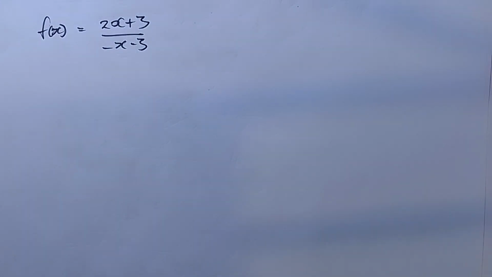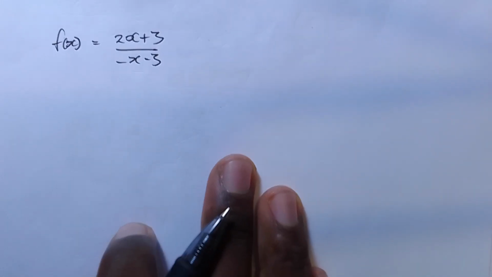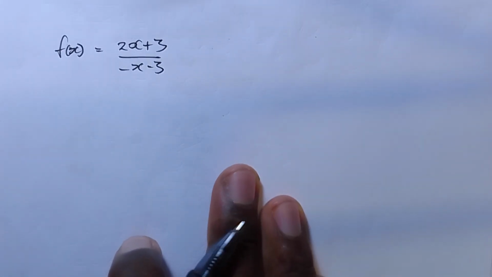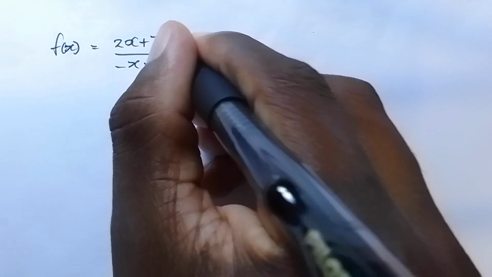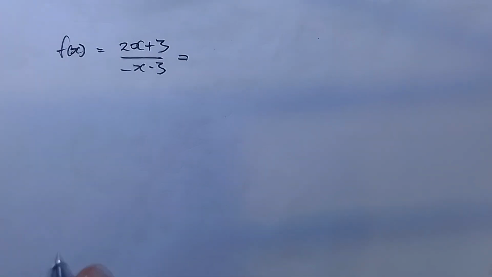So the function f at x is equal to 2x plus 3 divided by negative x minus 3. If you want to try this, pause the video and try it, and then watch the video continue so you can see if you're correct. So what we'll do here is two things.